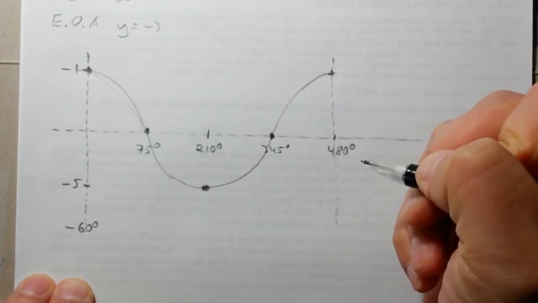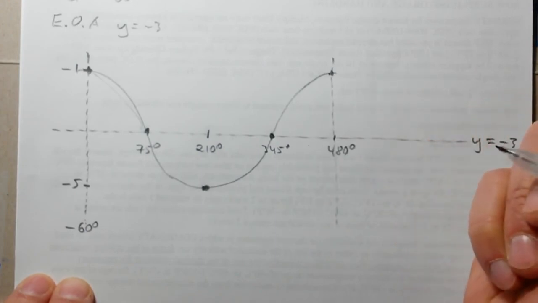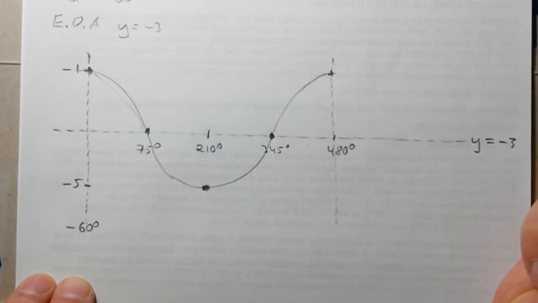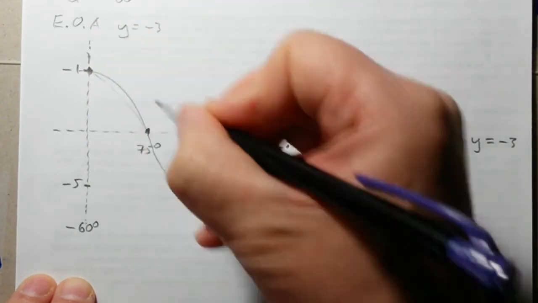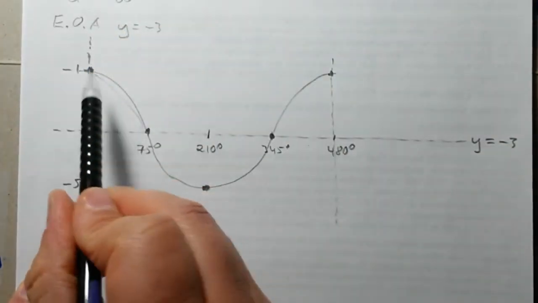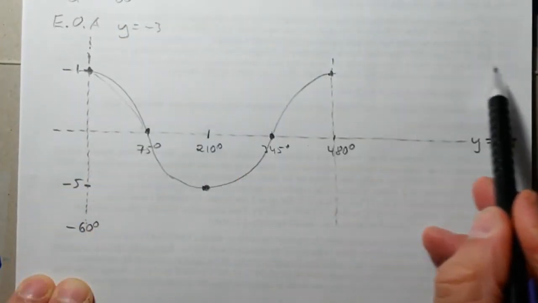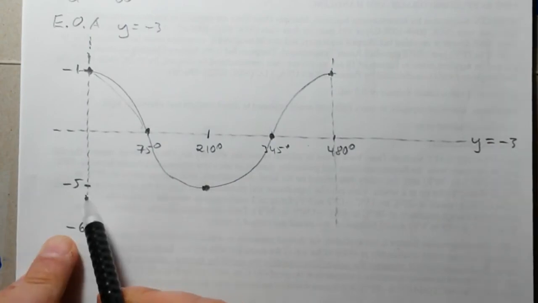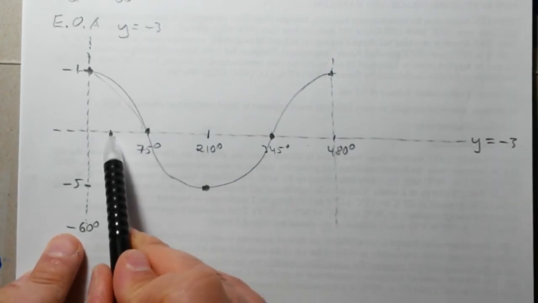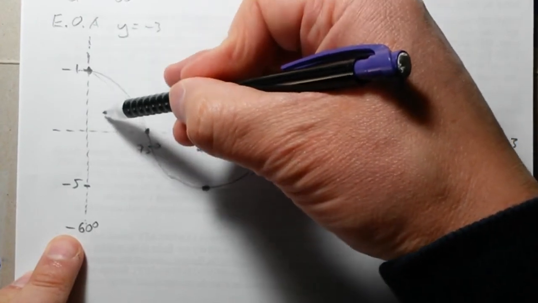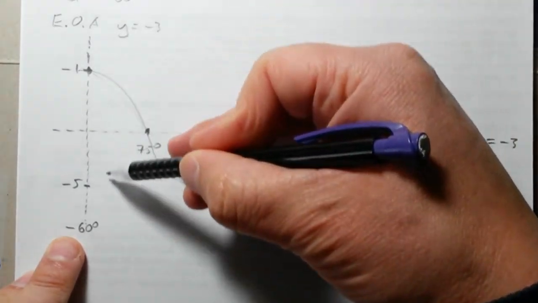And that is it. This time I won't even bother drawing the x-axis, because that one will be there, 0. And negative 60 is not really over there, but I imagine it's going to be somewhere over here, so I'm not even going to bother drawing that.